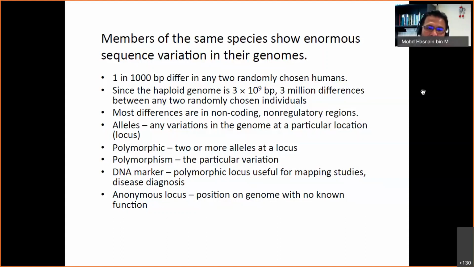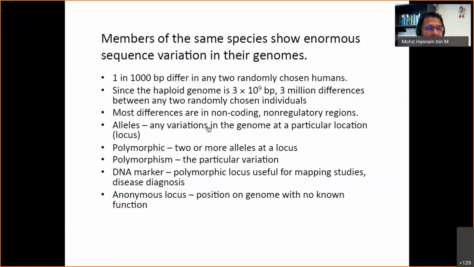You can say that between you and me, there are 3 million differences, and your friend must be wondering why is that so. Any two randomly chosen people. And as I mentioned before, most differences are in a non-coding, non-regulatory region. So that is why mutation can occur in us, and that mutation does not affect us because it is occurring on the non-gene or non-coding region.